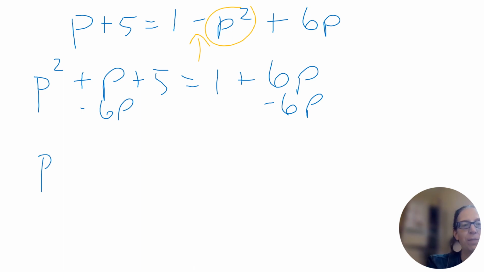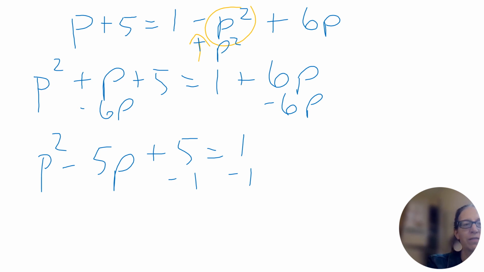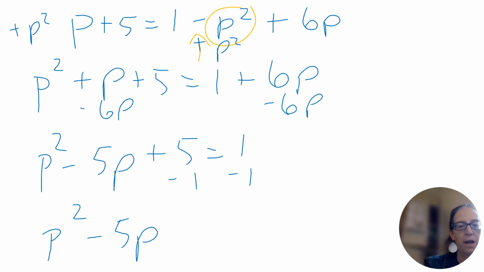So that's going to give me p squared minus 5p. And then we're going to subtract 1. I guess I didn't write the plus p squared. I didn't really have a spot to write it over here. Plus p squared. Sorry about that. So I now have p squared minus 5p plus 4 is equal to 0.